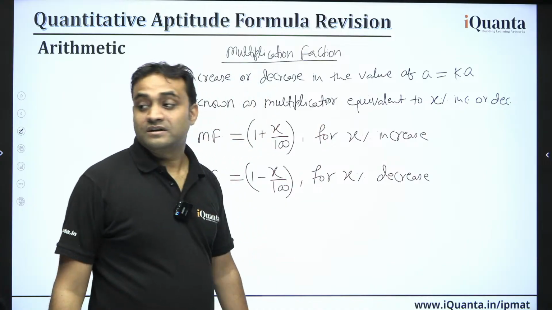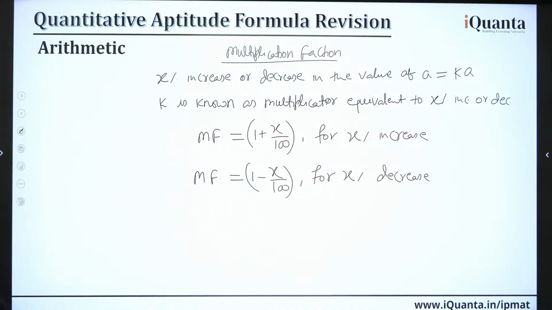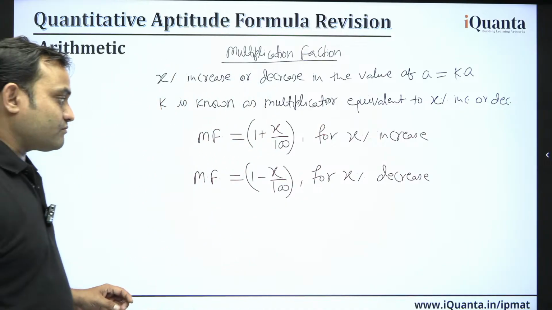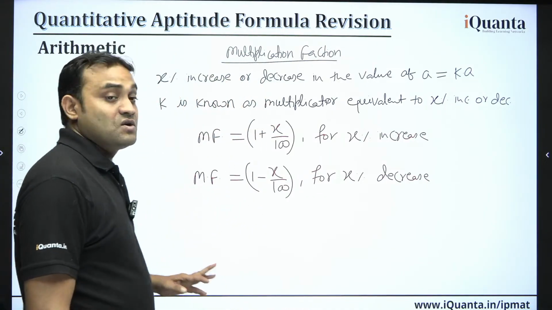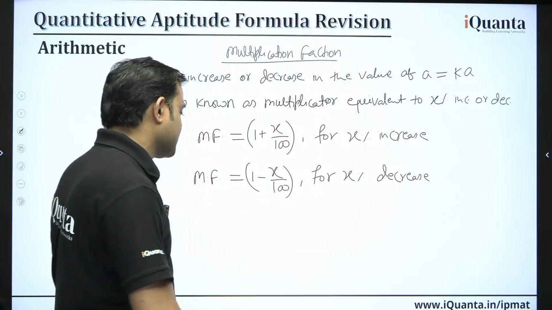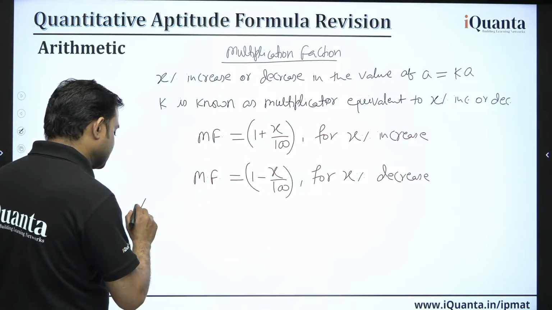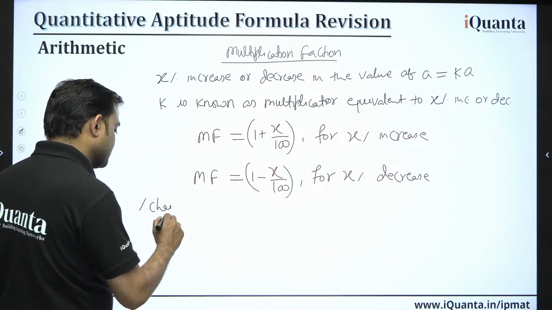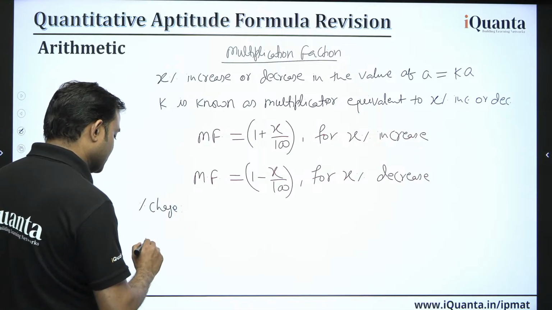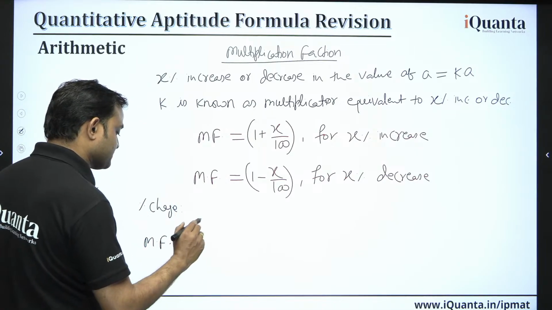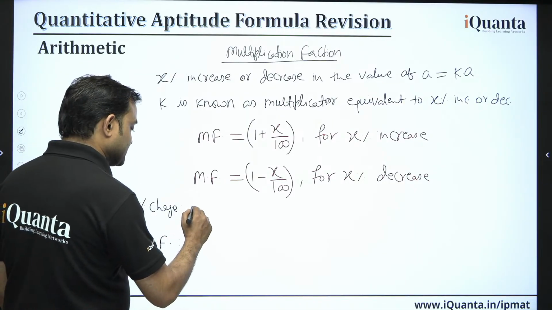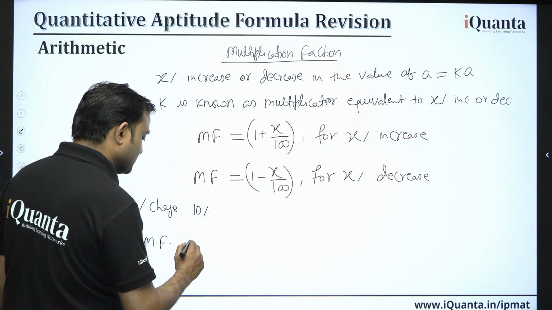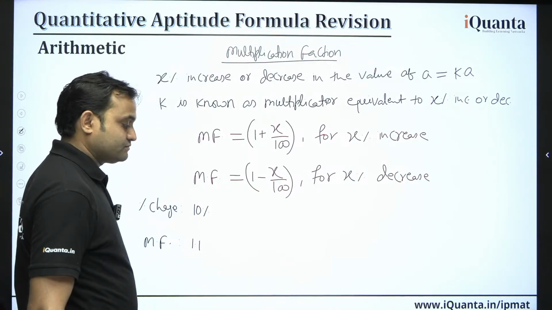Okay. Now, if we are required to find, for different percentage changes, what will be the multiplication factor? Let's say percentage change and their multiplication factor with respect to this percentage change. So if this is 10%, the multiplication factor will be 1.1. Okay.